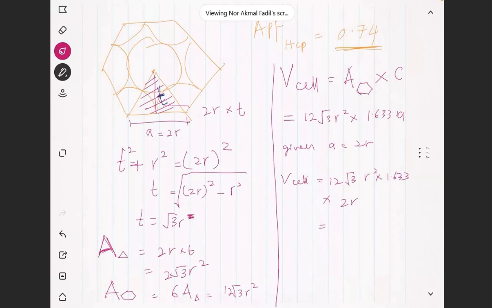So what is the answer for this one? Oh, sorry. The area of this one is, sorry, this is 6A.